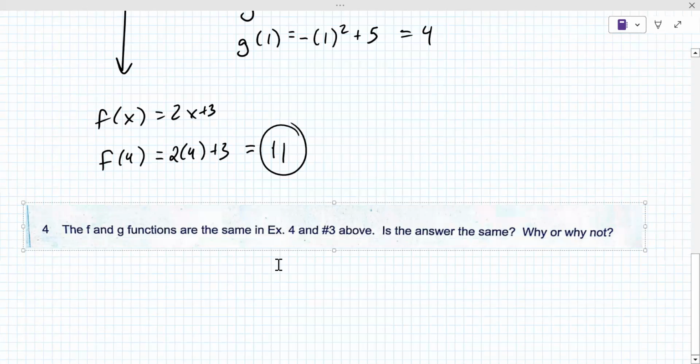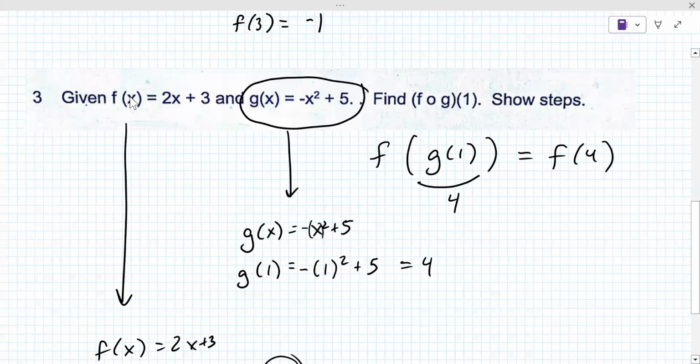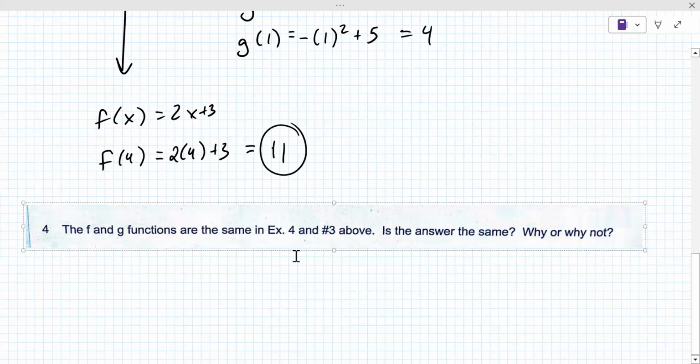Oh yeah, I see example 4. Is it f of x equals 2x plus 3? No. Example 4 shows, is y squared plus 3x equal to 6 a function, and then it just asks us to solve for it.